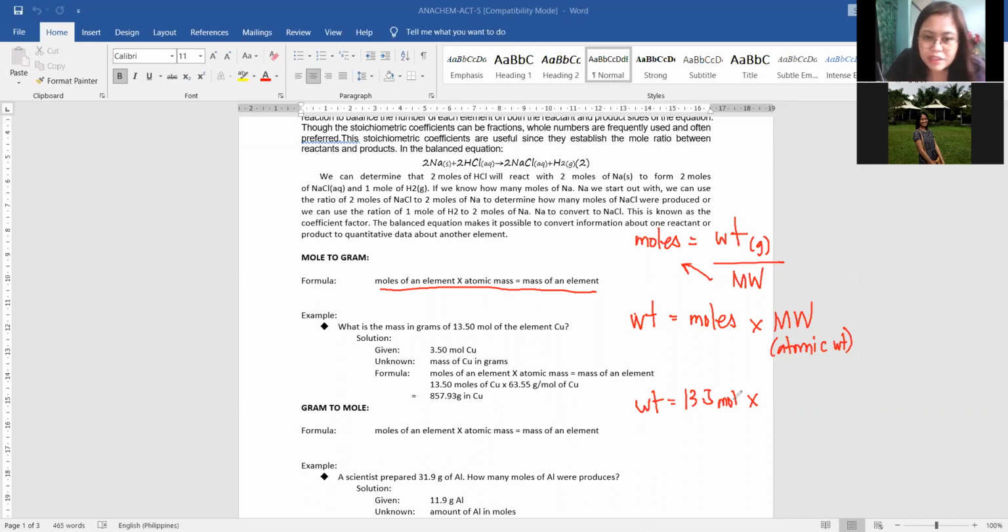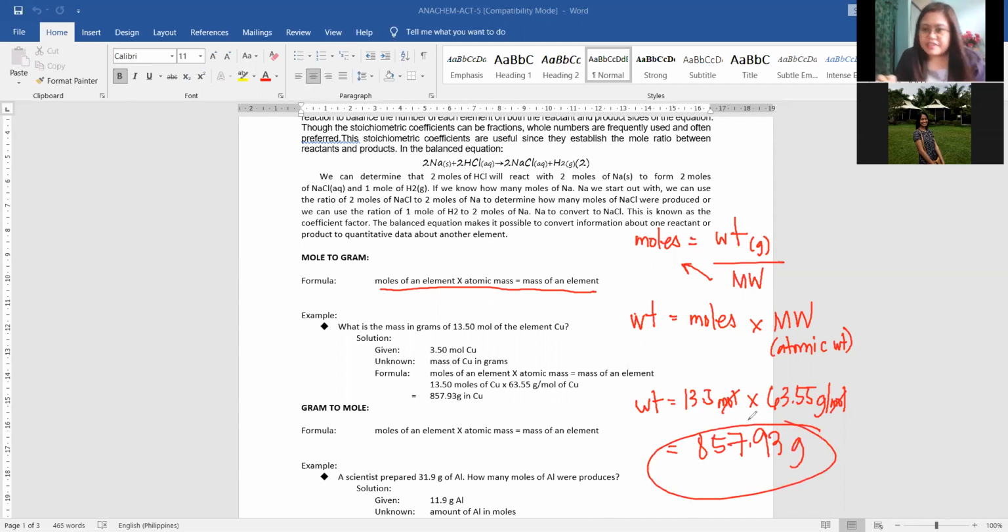Kaya lang ang example nato diri kay 2 decimal places man na iyahang gigamit nga atomic weight. So kana na lang sa atong gamiton, 63.55 grams per mole. So makansel ang moles, ang mabilin kay grams. So if you have 13.5 na moles sa copper, it is equivalent to 857.93 grams.